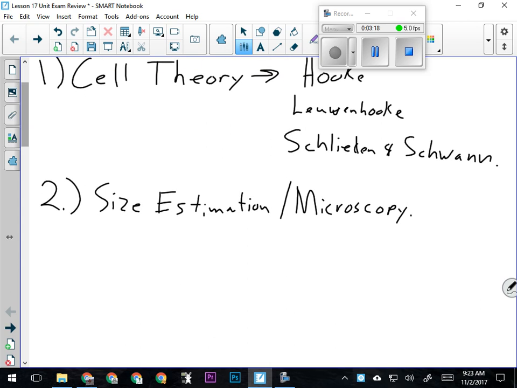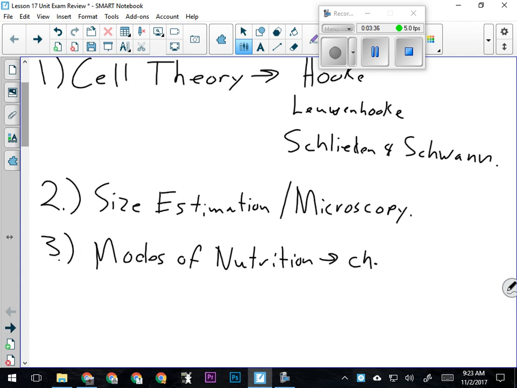And after that, we talked about the modes of nutrition. Do you need to know the actual terms? Chemoheterotroph. That would be animals and fungus and stuff. Whoop, I almost spelled it wrong.